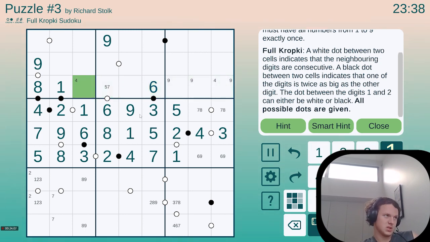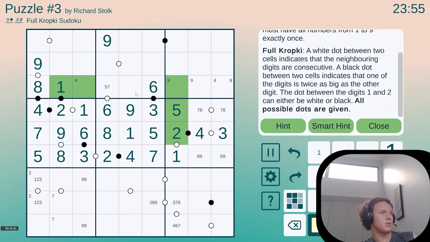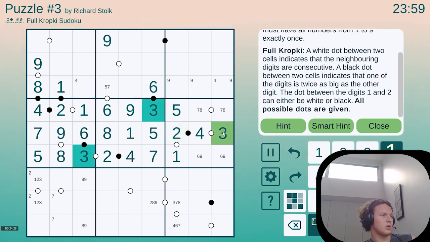And that's a 5, that means that can't be a 4. Can we do a similar thing for 2? No, 2's got 3 slots it can go. 3 has got a few spots as well, actually.